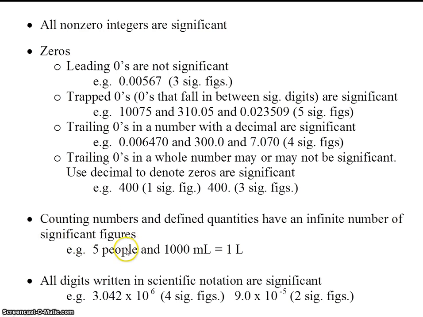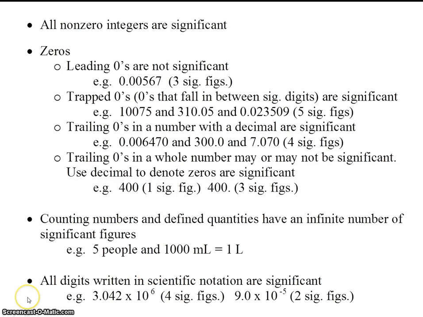For example, if you counted 5 people in the room, you could put 5.0000000 indefinitely because that's exactly how many people there are. There isn't any room for error. There's no reason for any estimation. It's exactly 5 people. So that would have an infinite number of sig figs. This also has an infinite number of sig figs.